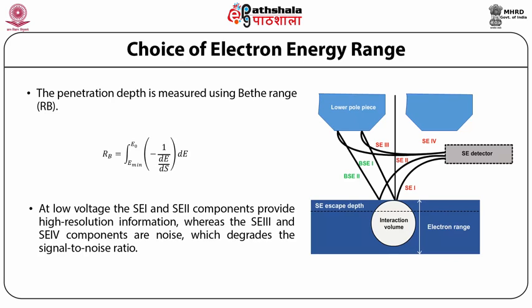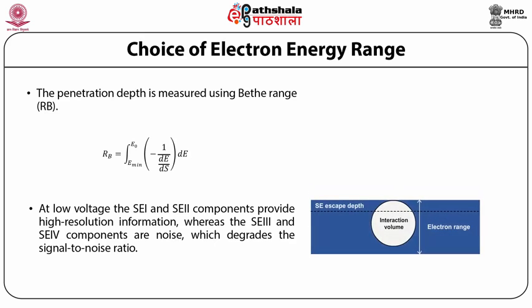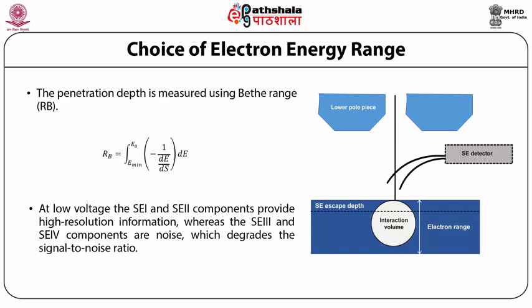The contrast information of the secondary electron image for typical SEM energies of 20 to 30 kilo electron volt generates from a depth of about 4 lambda from the surface, that is about 15 to 20 nanometer.